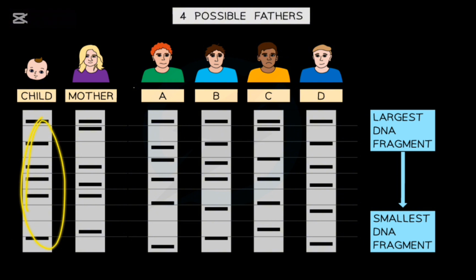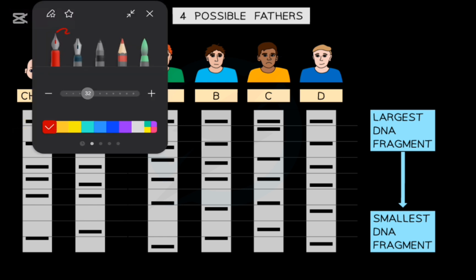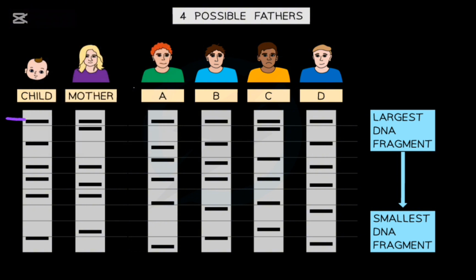So here there are 6 bars, meaning that 3 have to match the mother and the other 3 will match whichever the father is. So let's determine which 3 match the mother. When we move like this, the first bar matches with that of the mother, so 1.